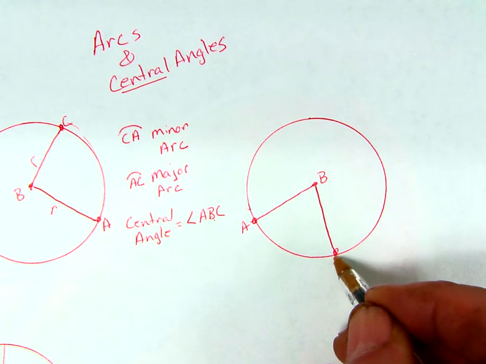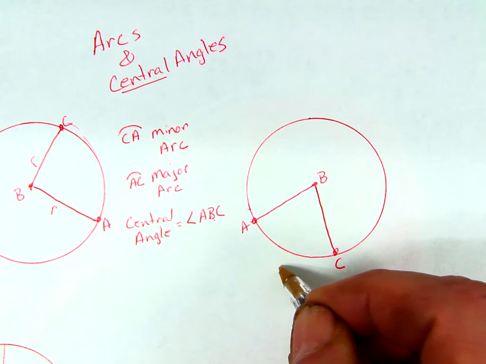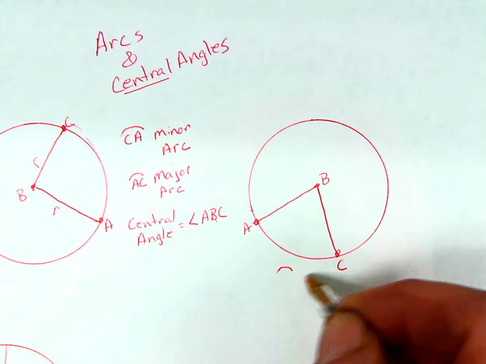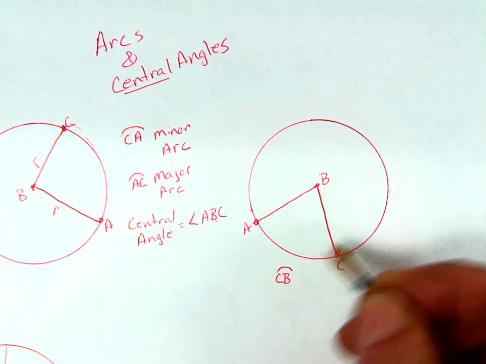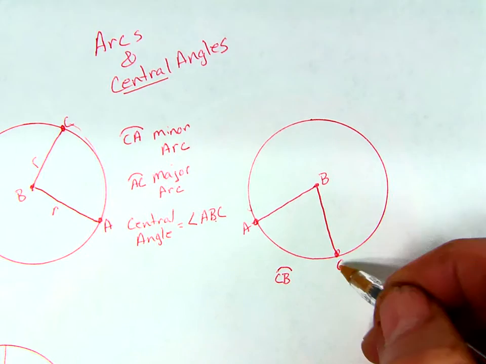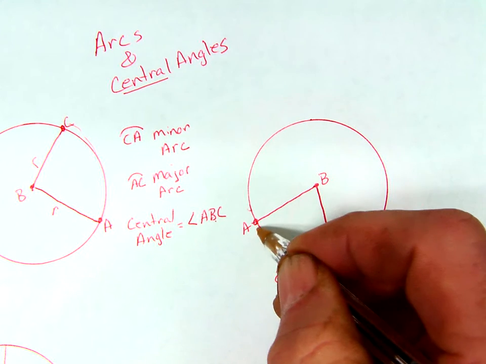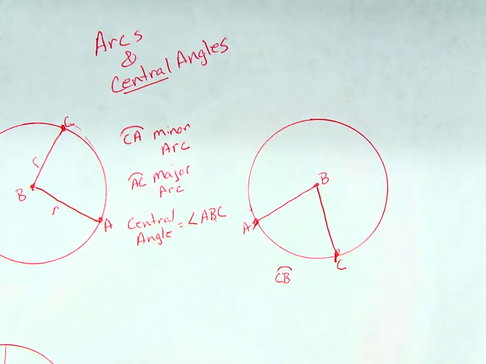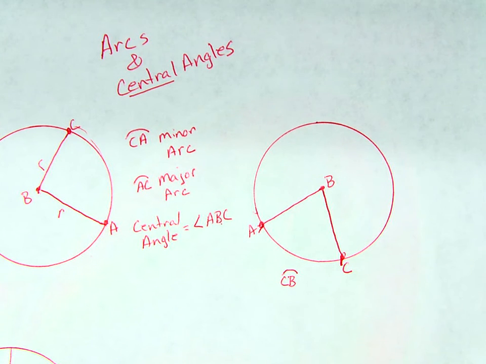What they want is just the minor arc, and it's arc CB, because you're going in a clockwise motion, C to B. That designates from here to here on the edge of the circle. Right. So name the angle, name the arc. If an angle is given, name the arc that it makes. If an arc is given, name the central angle that it makes.